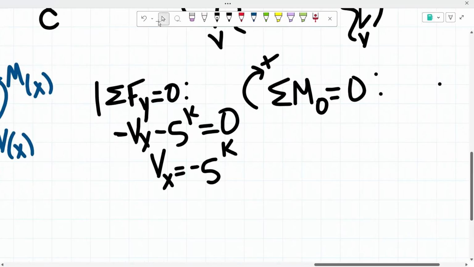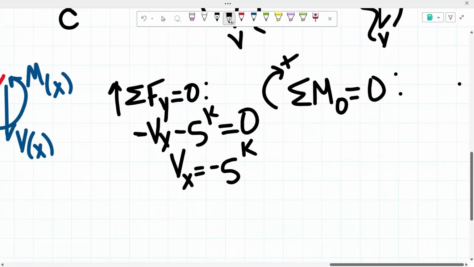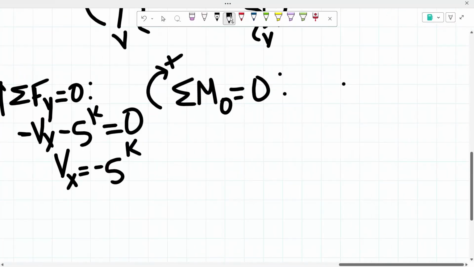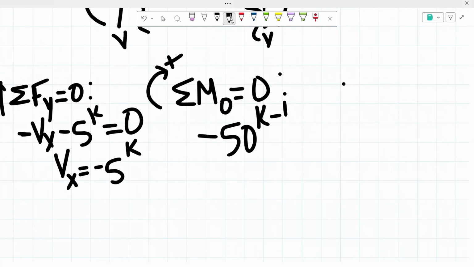So we have negative 50 kip feet plus 50 kip feet plus that moment at x that's occurring.